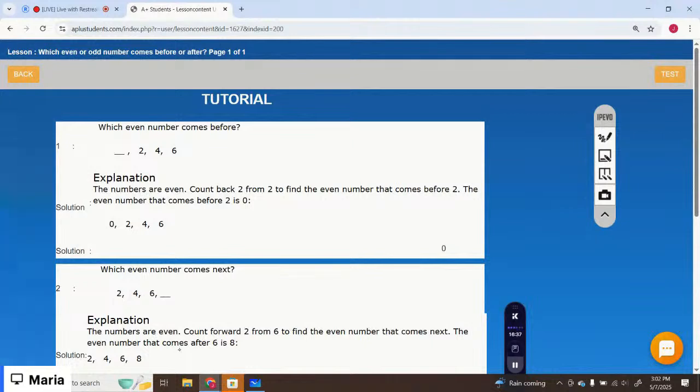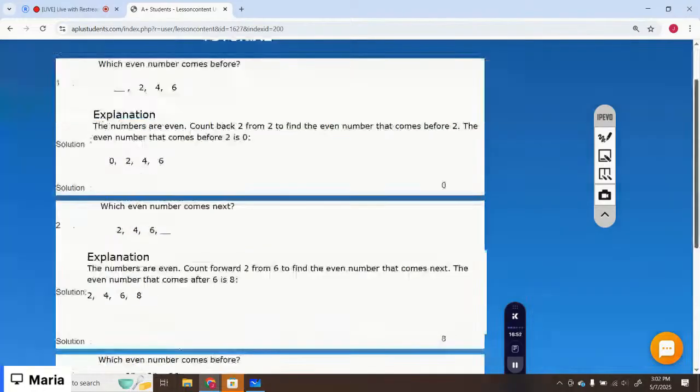So 2 minus 2 is 0. So the even number that is before 2 is 0. The next one is which even number comes next? 2, 4, 6. You need to add 2 to 6. So 6 plus 2 is 8. So the next even number is 8.